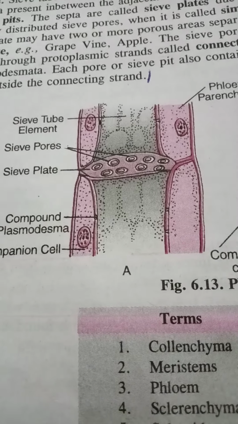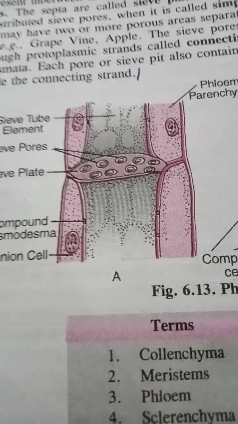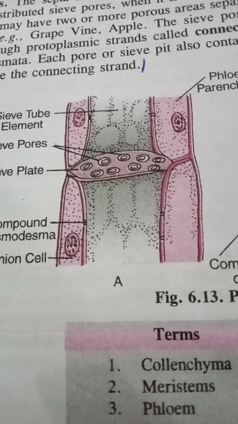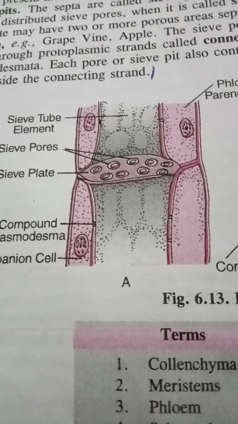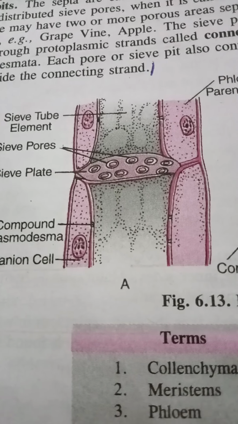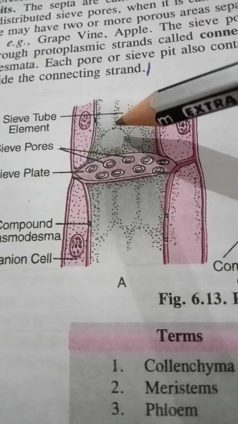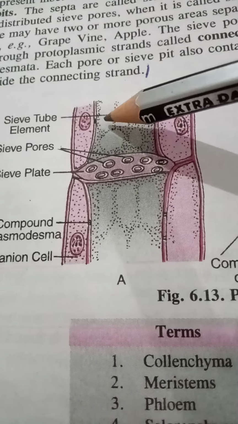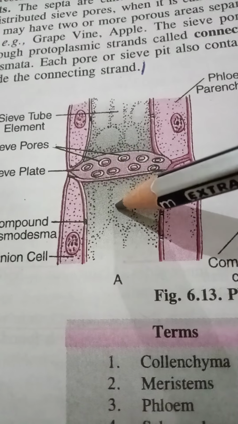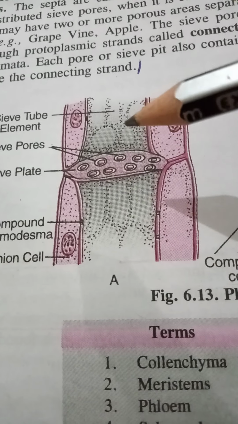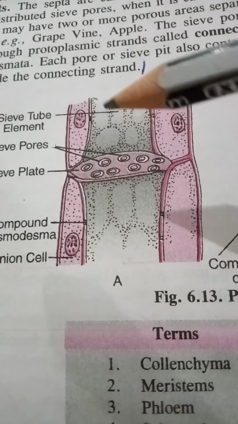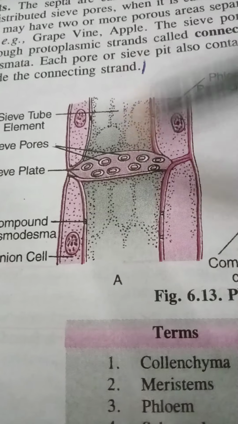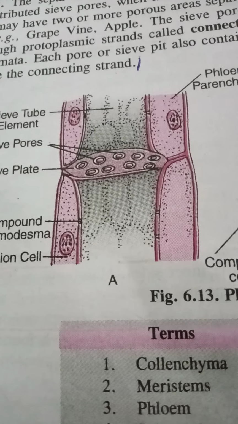Now, the sieve tube elements are arranged end to end, so the substances, mainly the protoplasm, can pass through the pores, and they form a continuous channel which is known as the protoplasmic strand or the connecting strand. The pores through which the protoplasm enters will definitely form a continuous strand.